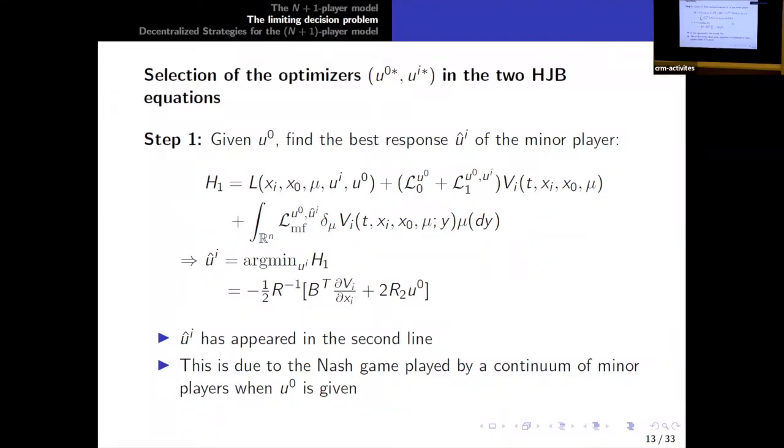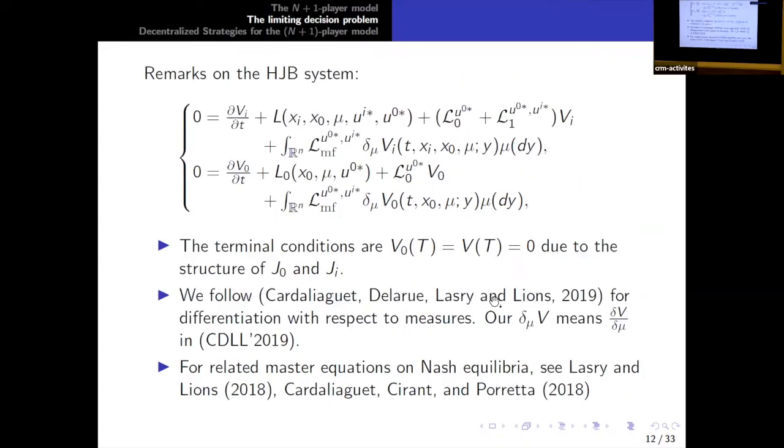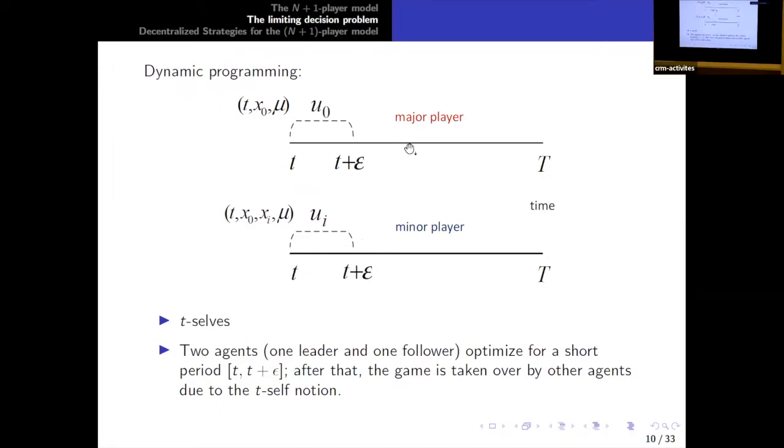Excuse me, just a quick question. You said that you restrict the game to this small duration epsilon, but do you give a terminal cost at the end of this small period? Yes, in the end we will use the terminal condition not at capital T, but at T plus epsilon. Actually it does not matter.